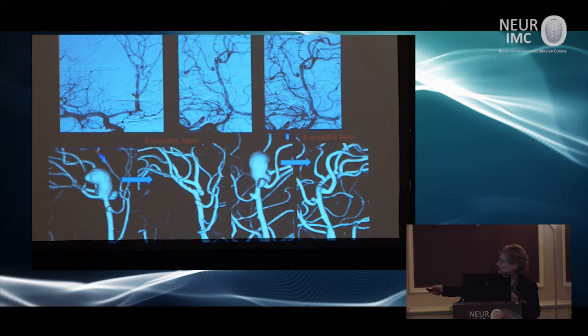And 6 months later, there is remodeling here, and the large aneurysm is gone with the bifurcation remodeled. So it definitely brought a new tool to our hands for some difficult cases. It provides a solution. However, we need to follow up the remnants, if there is any, to see if they are going to be stable or not.